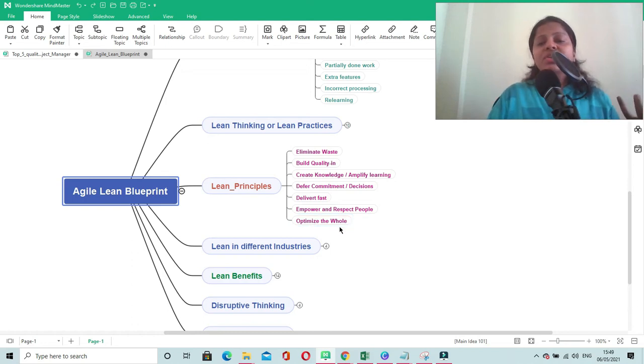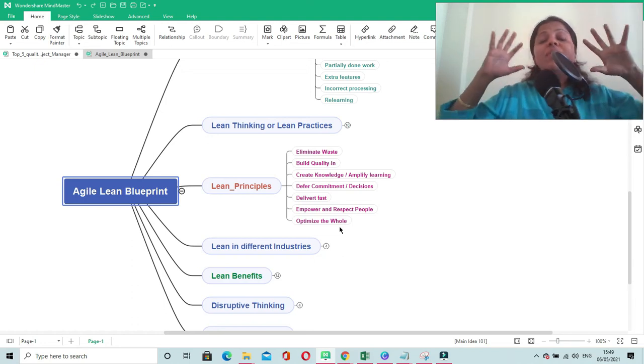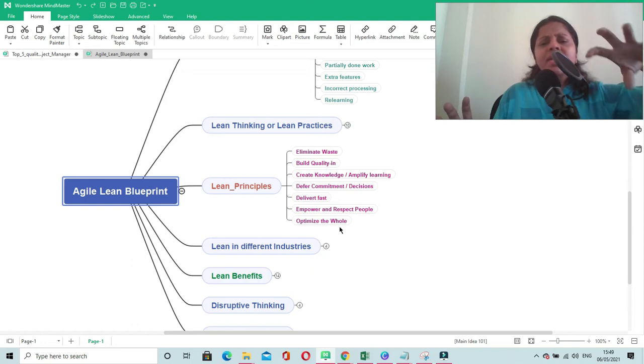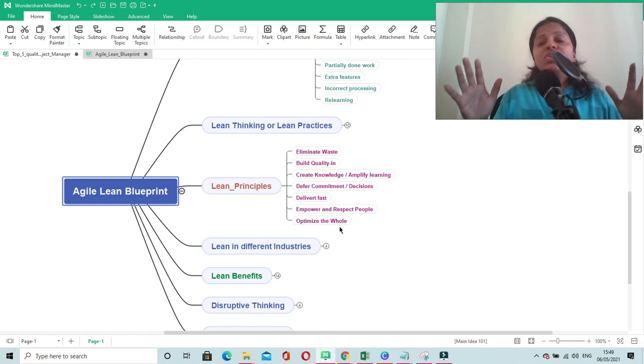The next principle says optimize the whole. So instead of thinking in small pieces, you also have to have a big picture about the product in your mind. Although you might be creating your software product in chunks, in pieces, in multiple iterations, in multiple increments, you have to have the whole picture in your mind, like at a later date, how your complete product will look.